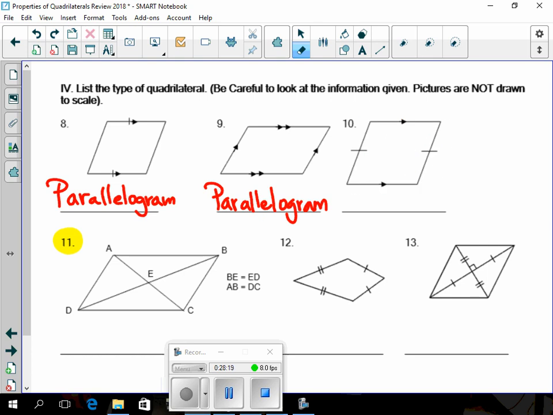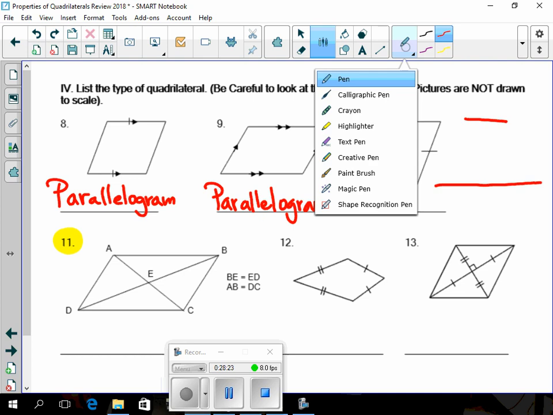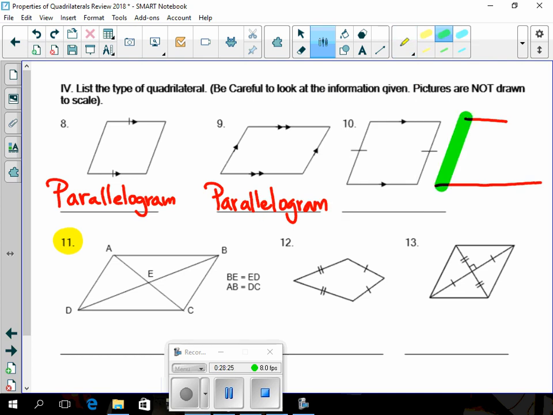I don't like the way it's drawn. Let me draw it a little different way. Parallel and congruent. What kind of trapezoid? This has to be an isosceles trapezoid.